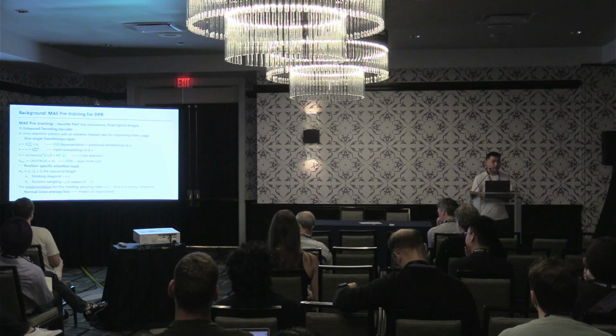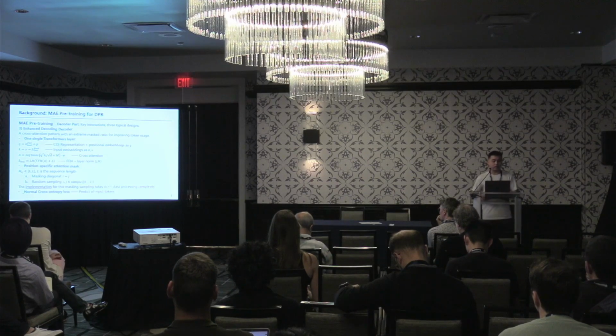As for the key and the values, they just use the input embeddings. If you get Q, K, and V, then they will do a transformer cross attention, the feed-forward network, and the post-layer norm. So that's what the model is doing.